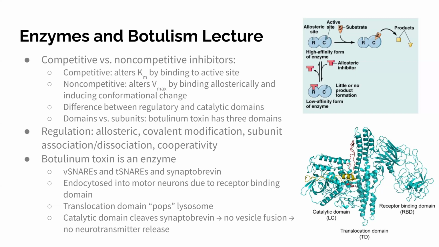Which means that the neurotransmitters won't be able to enter the cell through endocytosis and perform whatever functions they would perform, which causes that paralysis. Was that slow enough? Yeah.